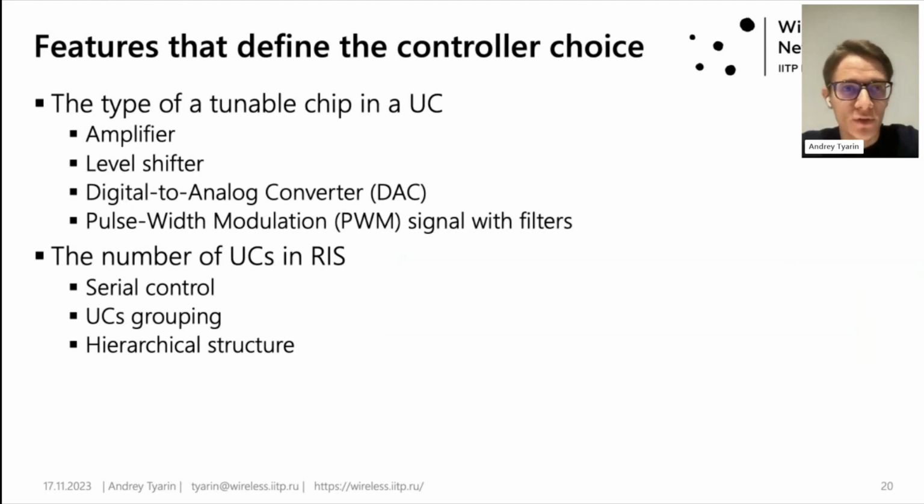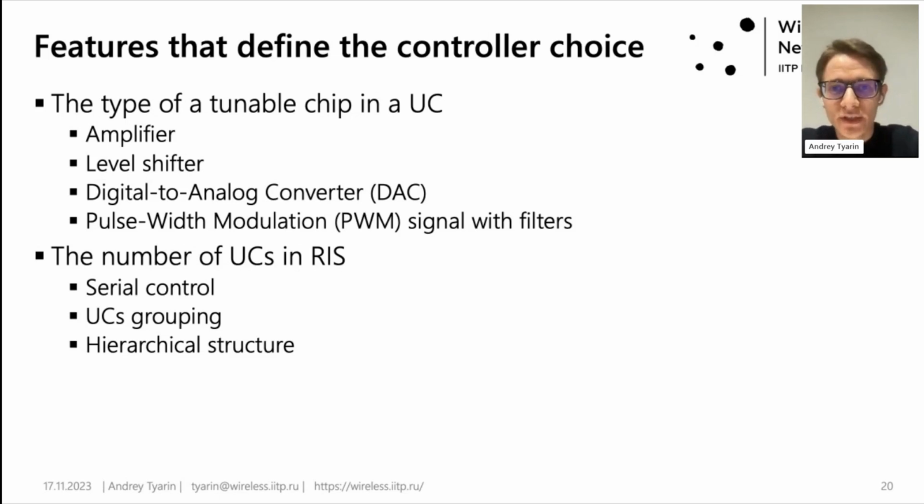Now I want to talk about features that define the controller choice. RIS parameters that define the selection of controller and controller system are the type of tunable chip and the number of UCs. Let me describe how to choose the controller according to these parameters.